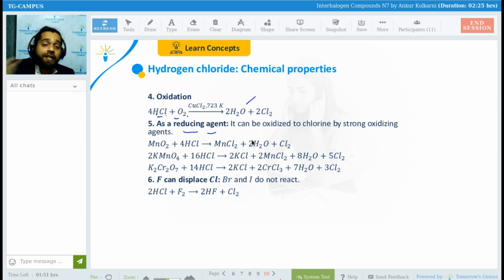Same, reducing agent. It reduces the other but itself undergoes oxidation.